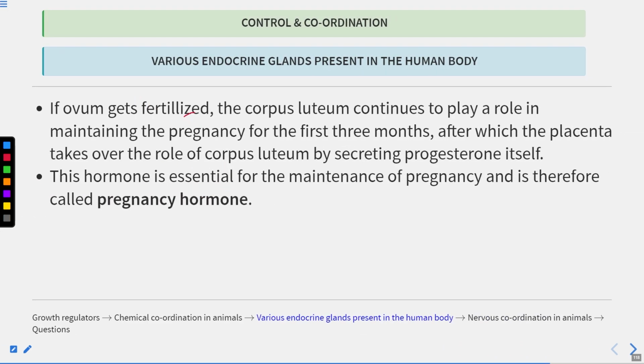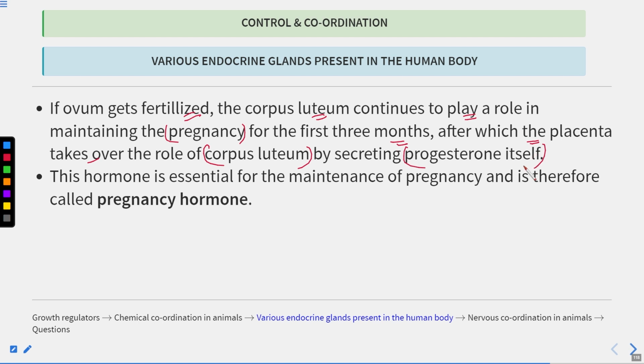Now, if the ovum gets fertilized, the corpus luteum continues to play a role in maintaining the pregnancy for the first 3 months, after which the placenta takes over the role of the corpus luteum by secreting progesterone itself.